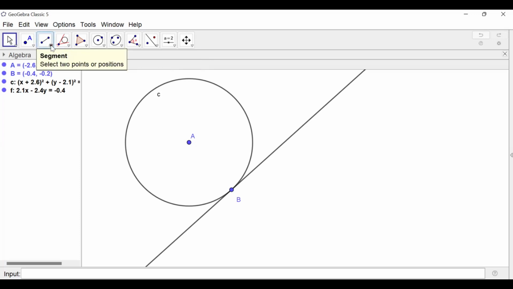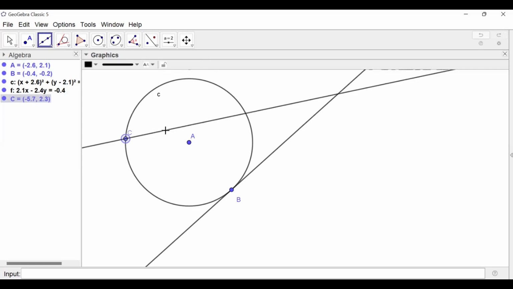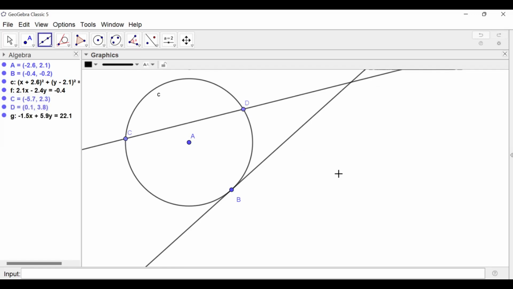Look at this other line here. Can we say this is a tangent? When we have another point on the circumference, let's say point C and point D, and we run a line connecting point C and point D, can we call that line a tangent?